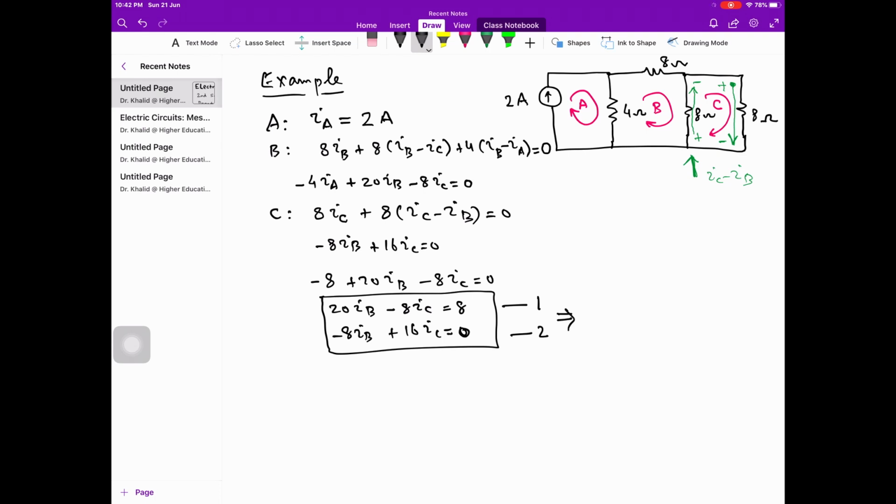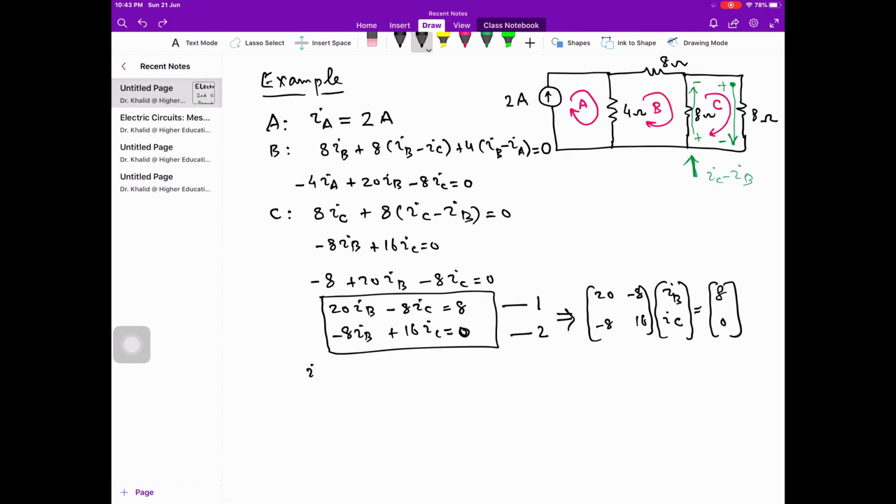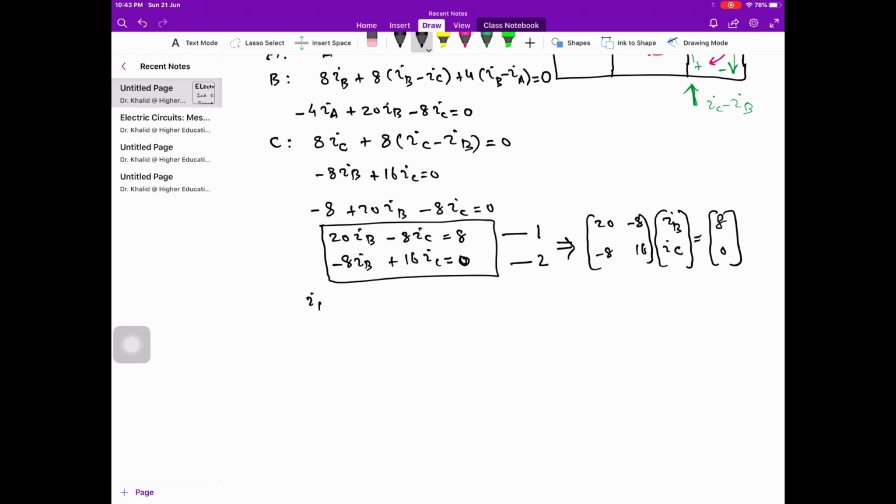Solving these two equations, it will be 20 IB minus 8 IC, minus 8 IB and 16 IC, and this is equal to 8 and 0. Then IB and IC.